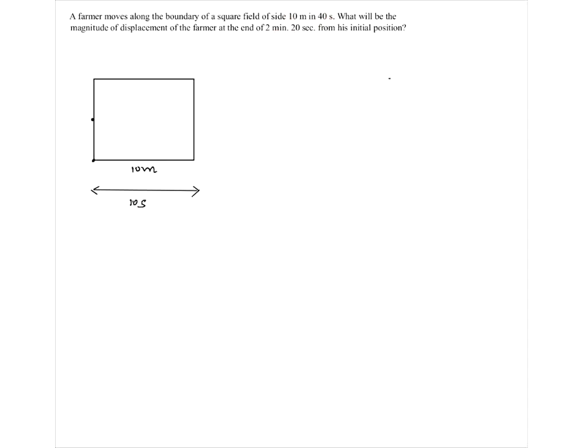How much time has elapsed? 2 minutes 20 seconds. 140 seconds. Just imagine 140 seconds: 40 seconds back home, next 40 seconds again back home, next 40 seconds again back home, then 10 seconds, then 10 seconds.